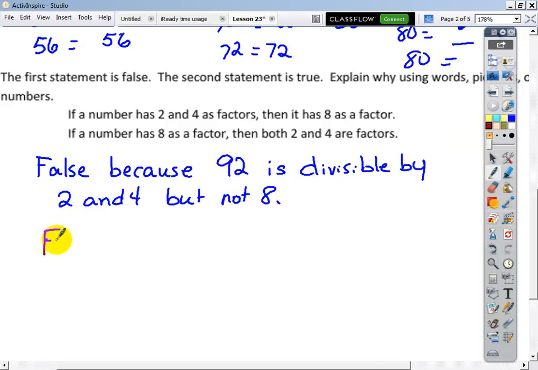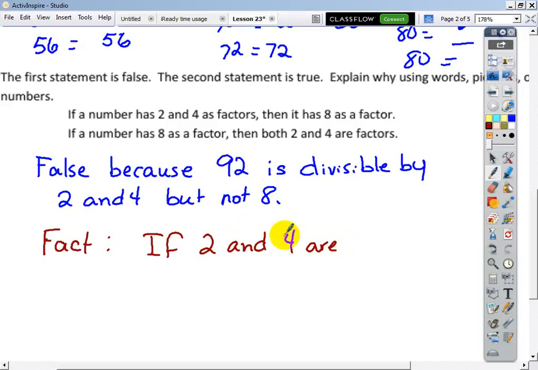Fact. I'll give you a fact here. If 2, well, we'll write the numbers here, I'll just put 2. If 2 and 4 are, oh, I shouldn't write it that way, because if 2 and 4 are factors, not necessarily 8 will be a factor.